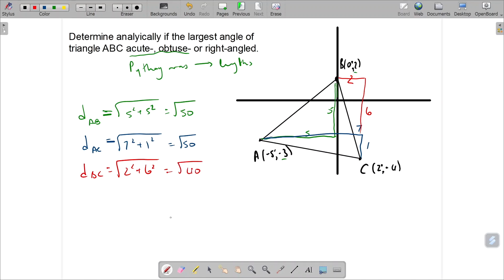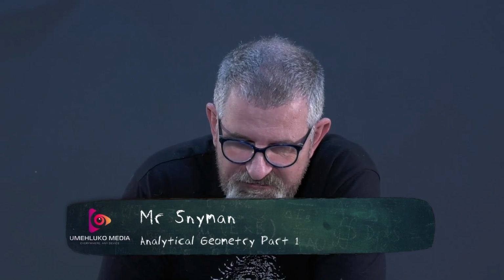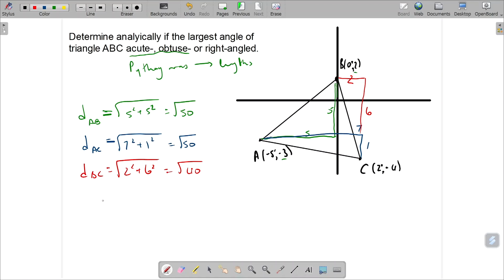Now, those of you who have drawn this diagram a little bit more accurately than me would have immediately said, well, we can see that this must be acute angled. I'd like to just continue with my proof and show you. If this is going to be right angled, then the longest side squared must be equal to the sum of the other two sides squared.